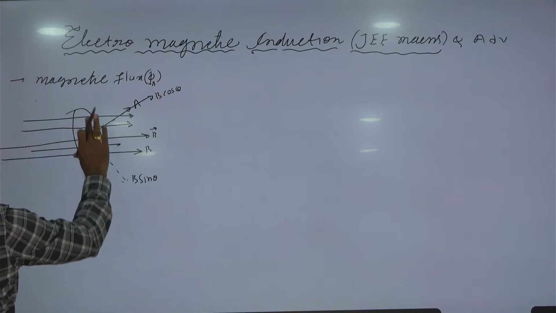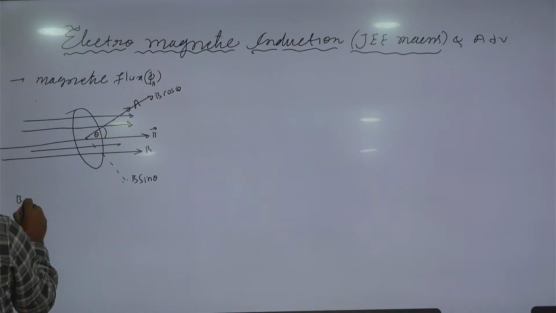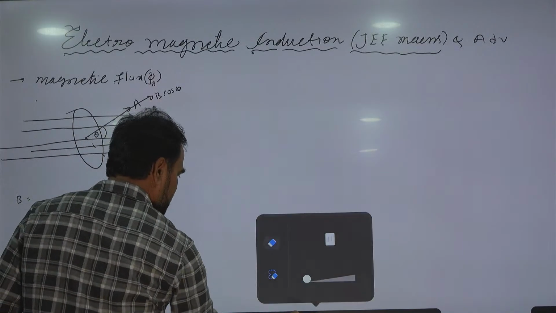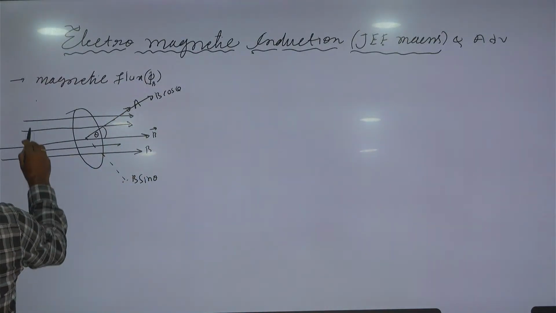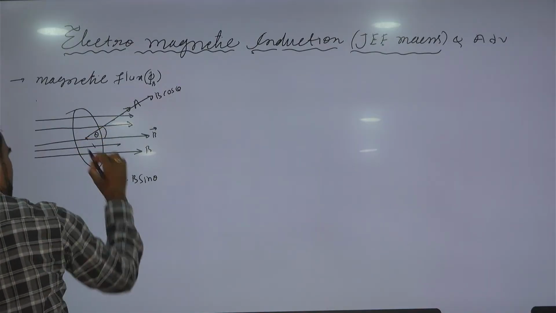So the flux across this area can be defined as follows. How much flux is passing through the surface area? Let's take a small elemental part here.